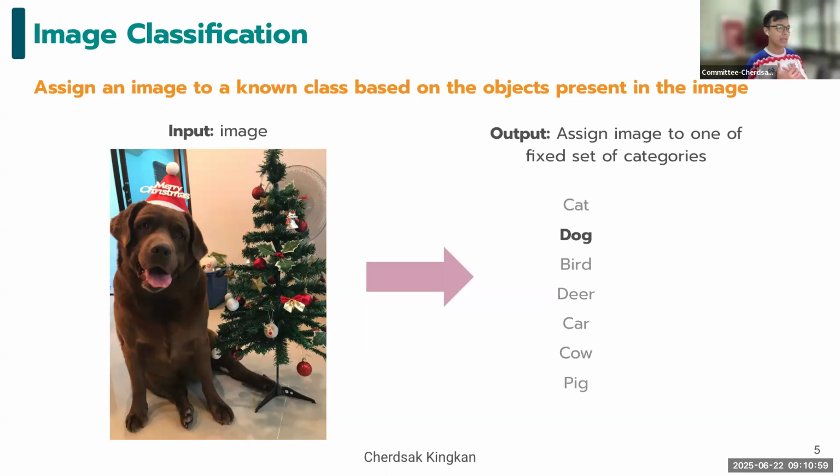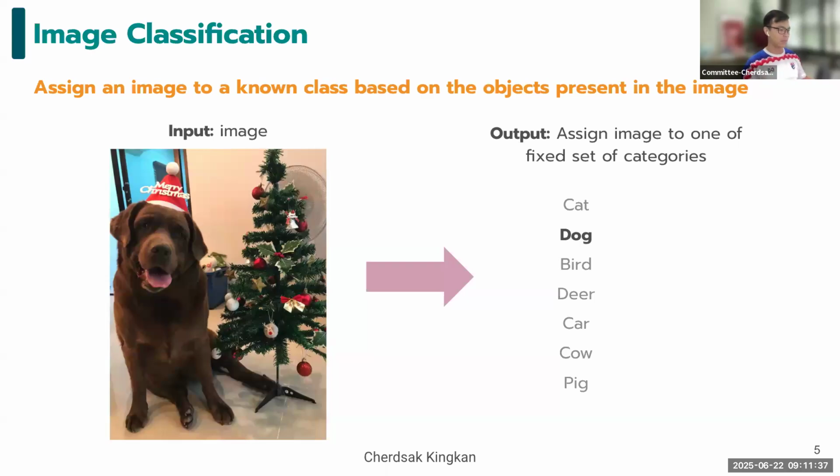We expect the model to assign the image to one of a fixed set of categories. For example, we have a model that is capable of predicting 7 classes. We expect that if we give it an input image, it will be able to assign the label, or the class or category, to the image from within these 7 categories.